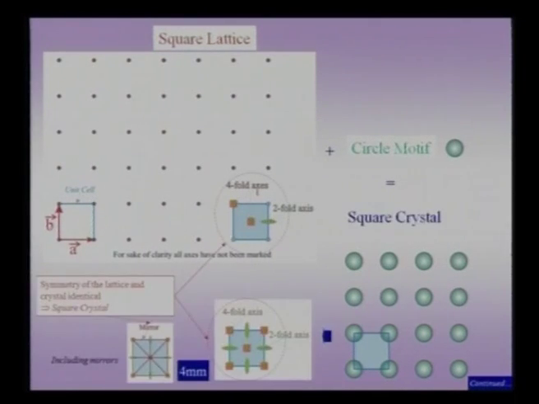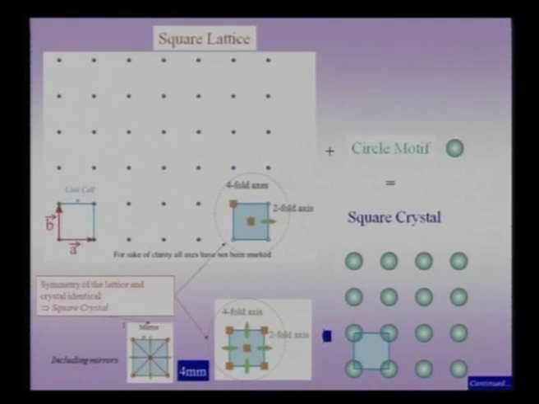Now, let us try to understand why this is a square crystal. If you look at the symmetry of the lattice, and the whole symmetry is overlaid here, it has a symmetry which can be written in shorthand form as 4mm. So, what are these? The 4 stands for the fourfold axis, the first m stands for, say for instance, the vertical mirror, and the other m is for the diagonal mirror.